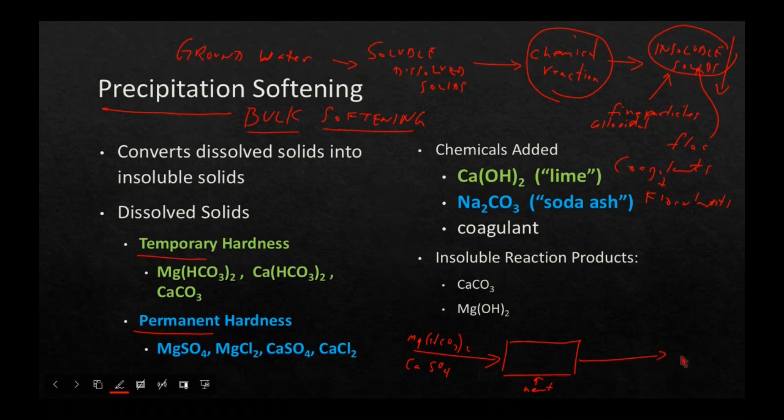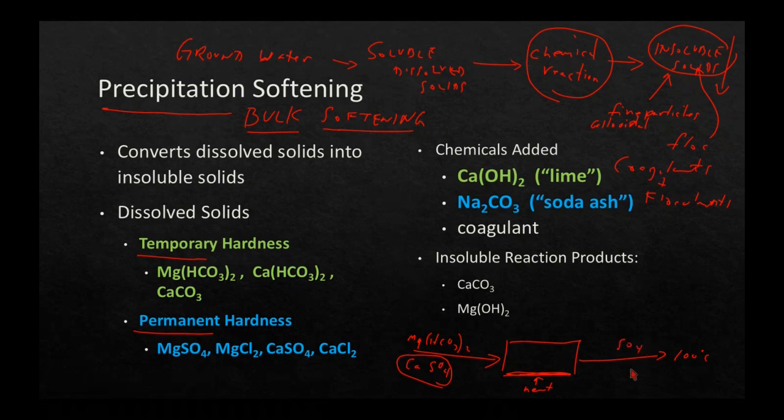And let's say that the water leaves at 100 degrees Celsius. What we find then is certain species, the bicarbonates, are going to deposit as scale, whereas the sulfates and the chlorides persist.